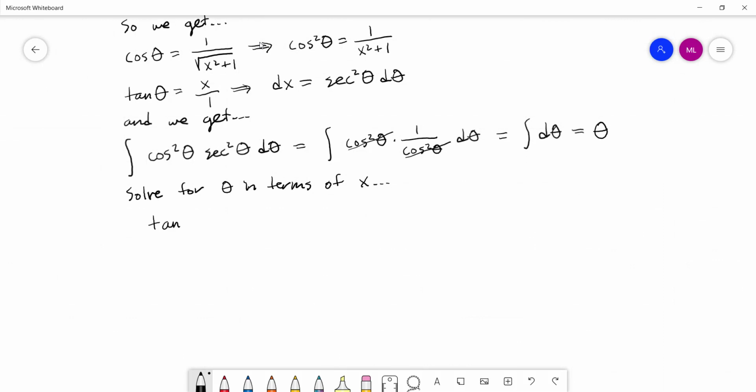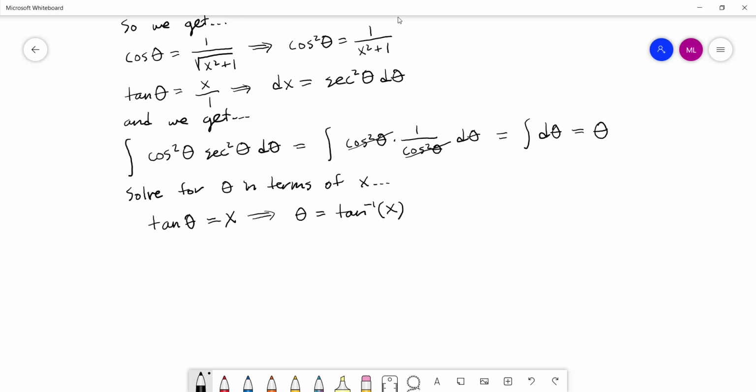So we know that the tangent of theta is equal to x according to this line right here. And therefore, if I take the arctangent of both sides, we will get theta is equal to the arctangent of x.